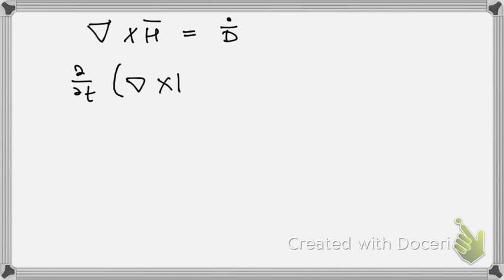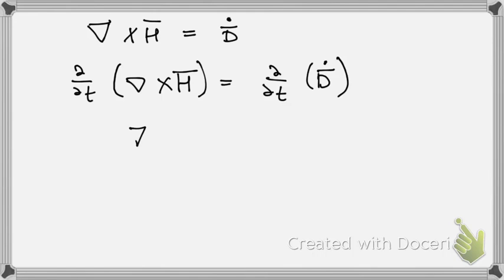So, with these notations, let us start deriving the equations. Again there is one more thing, del cross H we know as D bar dot. Now, if I take the derivative of both sides, dou by dou t of del cross H bar is equal to dou by dou t of D bar dot, then del cross H bar dot will become, because it is time derivative, D double dot.